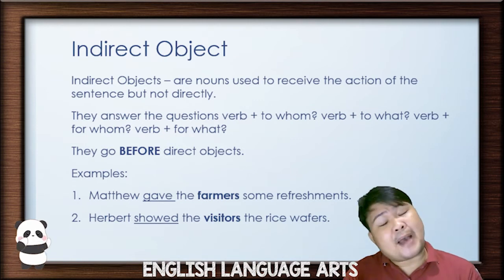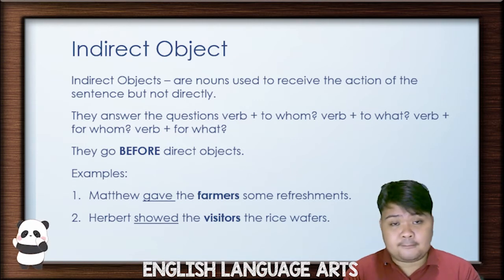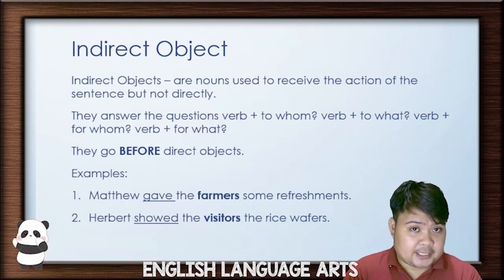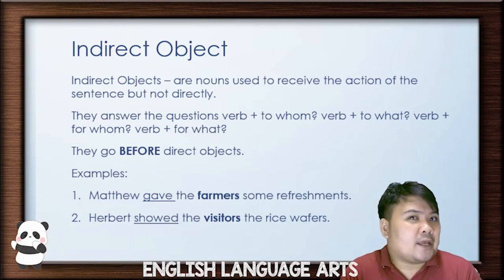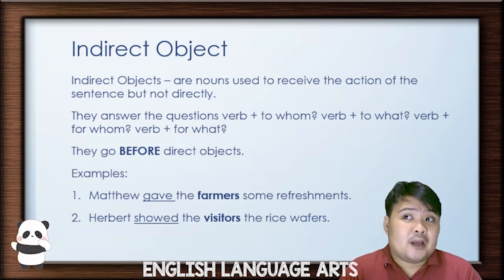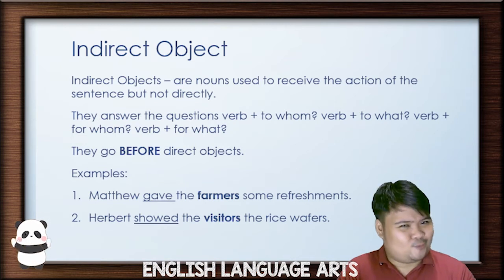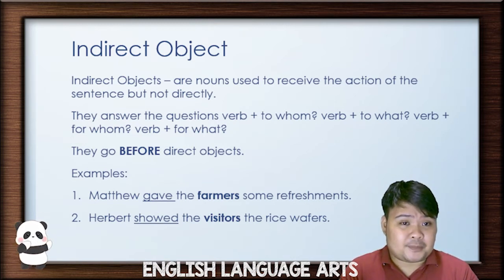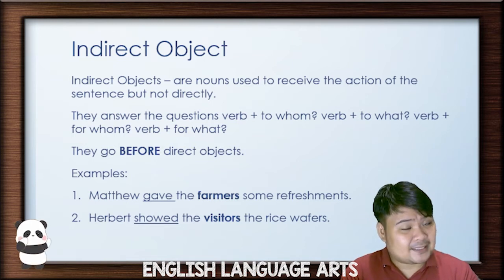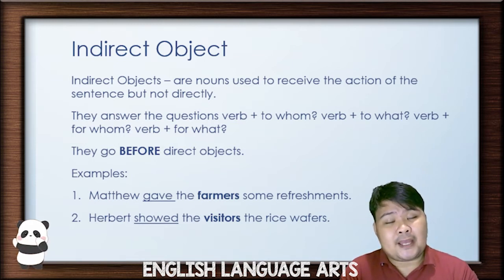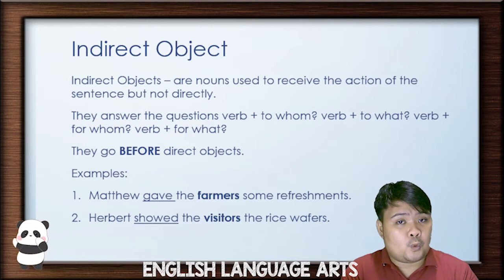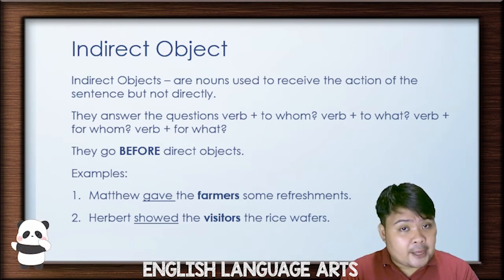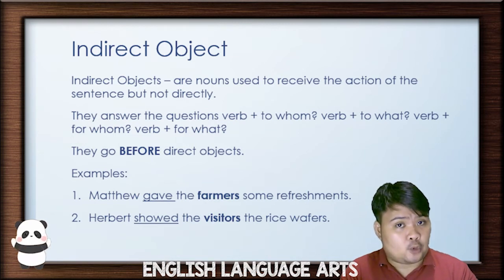That means it could have passed over it or passed through it before it reaches the direct object. So if it's not blocking the way or it's not in the way, can it even reach it? No. Right? And of course, when you also say indirect object, in the sentence patterns, the sentence pattern is always to be S-TV-IO-DO. It is not S-TV-DO-IO.